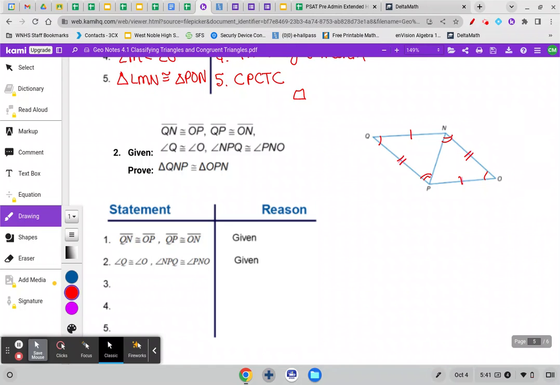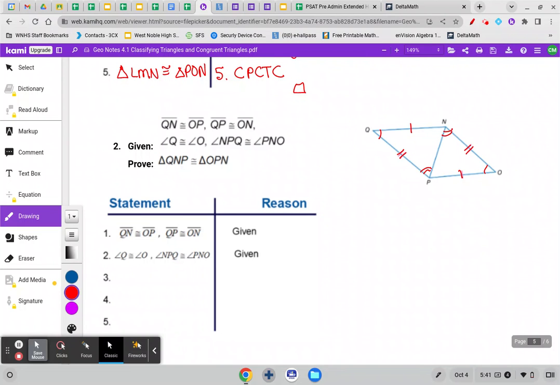We have something that we haven't really used a ton yet, but it's super handy when it comes to proofs. It is called the reflexive property. If an angle or a side is shared, like this one right here, we need to state that it is congruent to itself. I know it seems funny to state that something is congruent to itself, but we have to be super thorough.